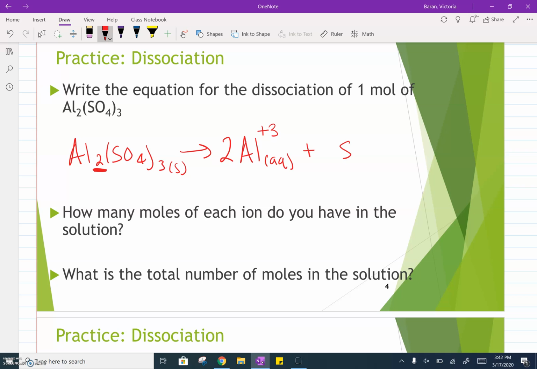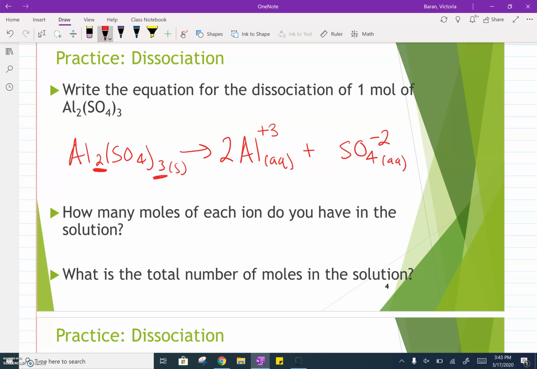Plus, we have SO4. Something like this is a polyatomic ion, and this you would find on the back of your periodic table. Now, if you don't have your periodic table, you can always just look this up on the internet. And this one has a charge of -2, and this is also aqueous.